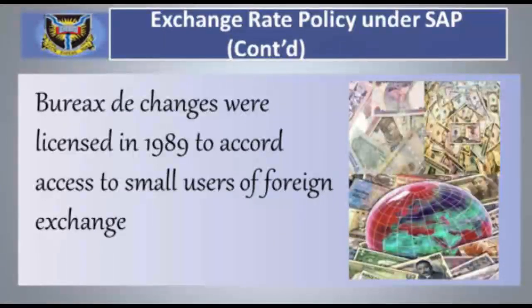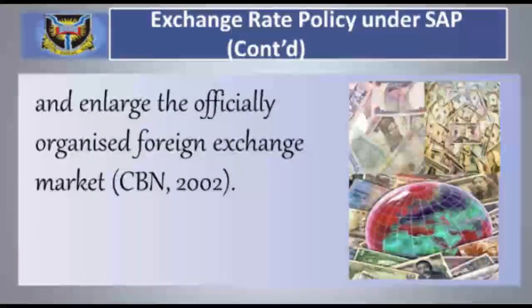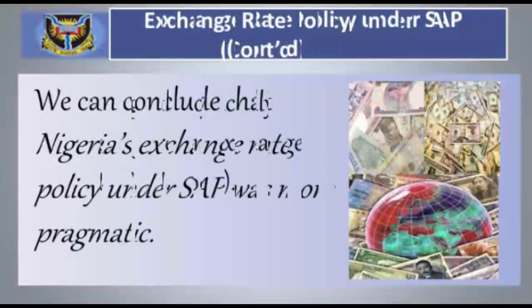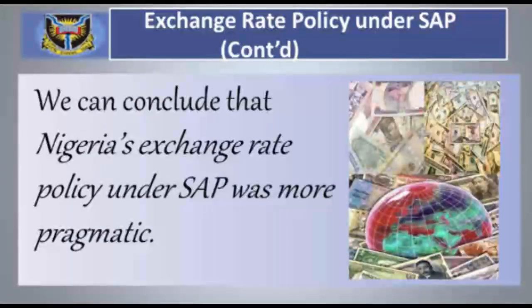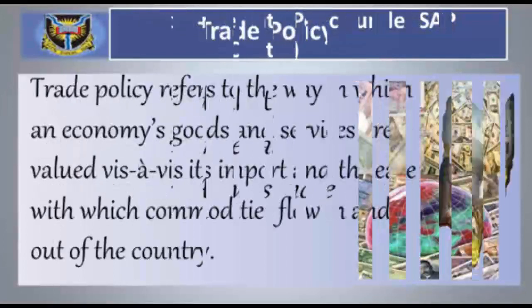Bureau de change were licensed in 1989 to accord access to small users of foreign exchange and enlarge the officially organized foreign exchange market. All in all, we can conclude that Nigeria's exchange rate policy under SAP was more pragmatic.